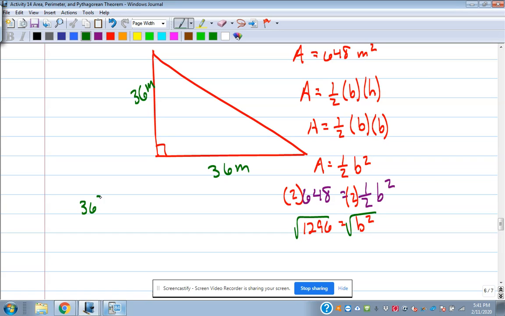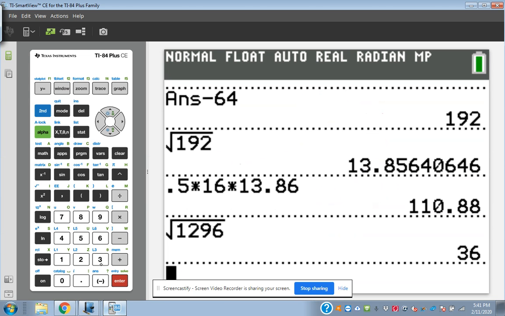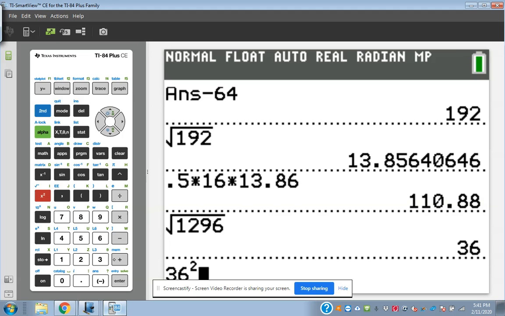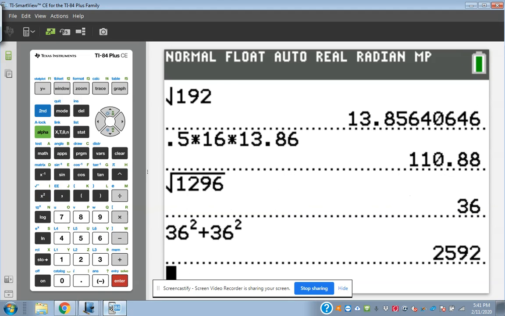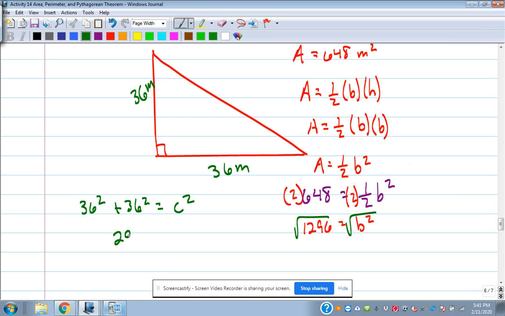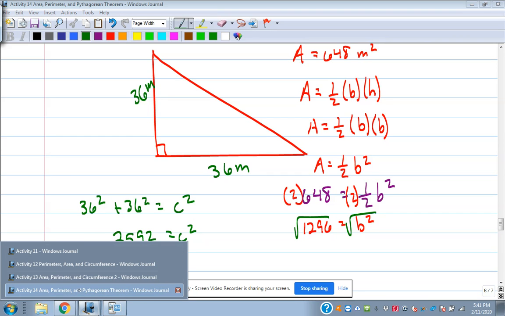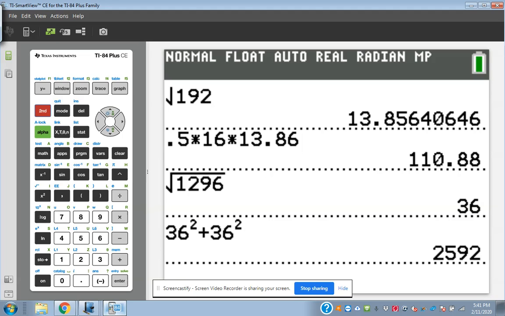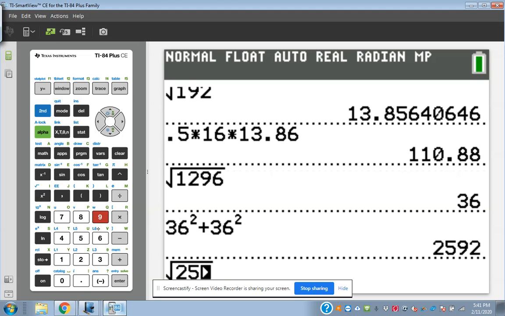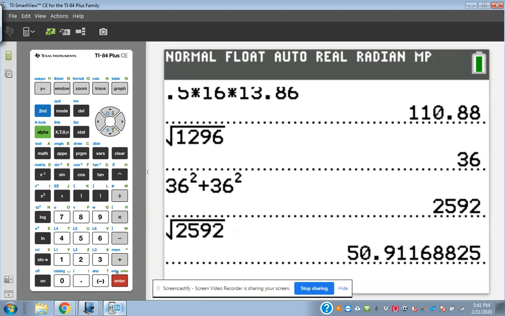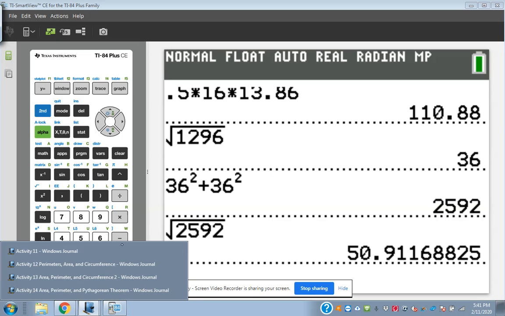So 36 squared plus 36 squared equals c squared. 36 squared plus 36 squared, 2,592. And then I'm going to take the square root of that. 50.9.